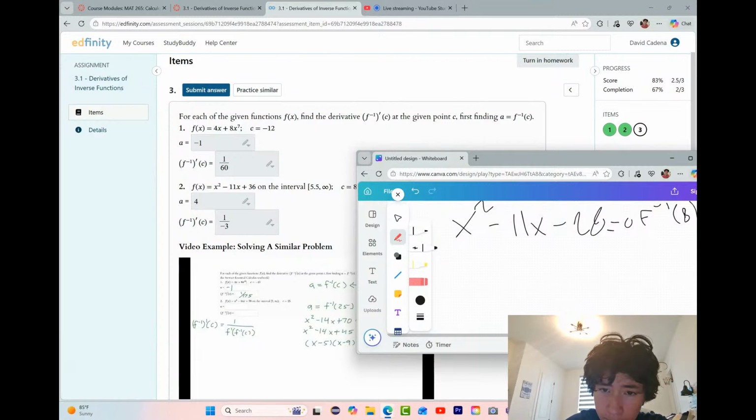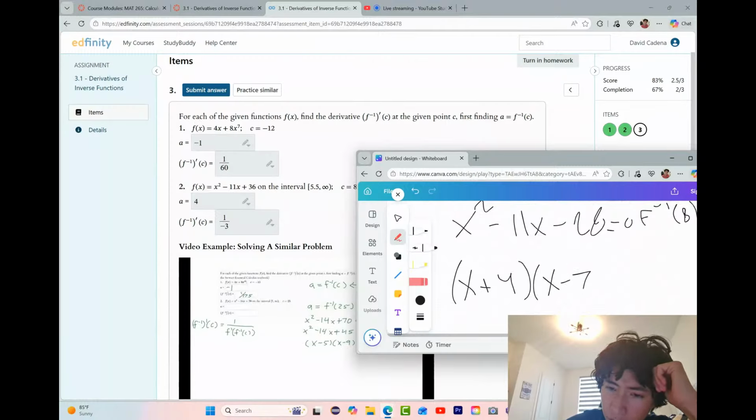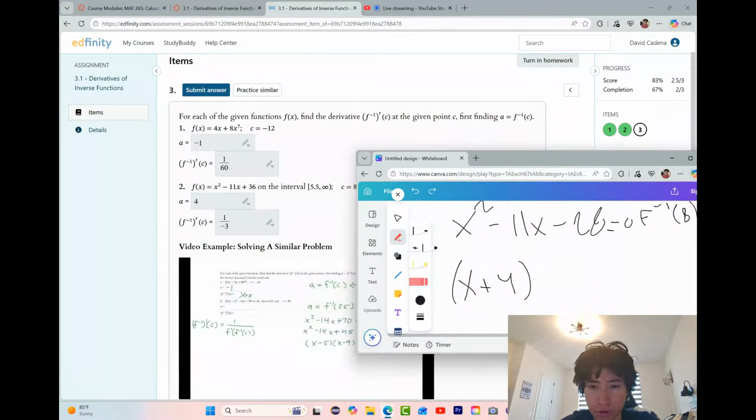So you factor, you get, let's see, numbers that add to negative 11 and multiply to negative 28. How about like a 4 and 7? X plus 4, x minus 7. Hold on. 4 plus minus, oh, wait, no. I'm sorry, that doesn't work. So, wait, how about, I mean, a 4 and 7.